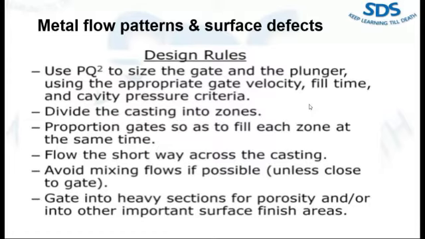We can use vectors. Using some simple vector lines, you put your casting, physically or in a 3D model, and locate your gate area and draw vector lines throughout the casting, and you can see where the metal flow will intersect without any simulation.